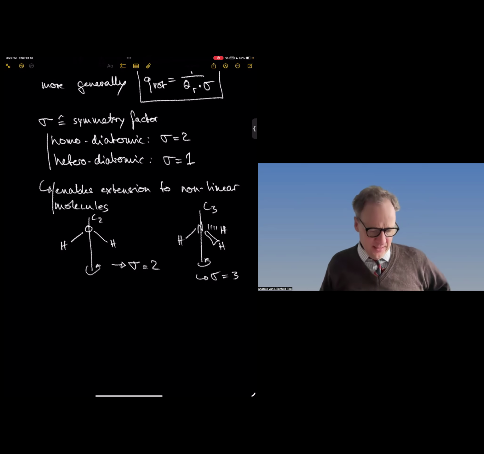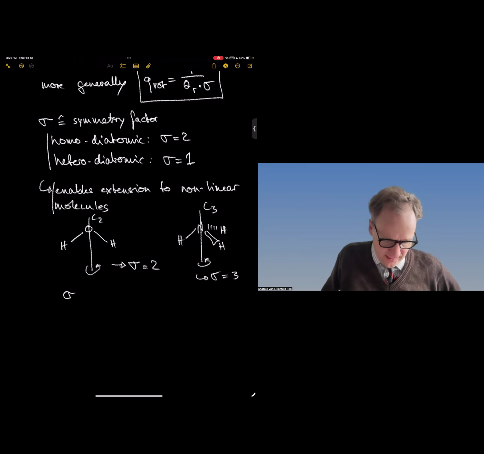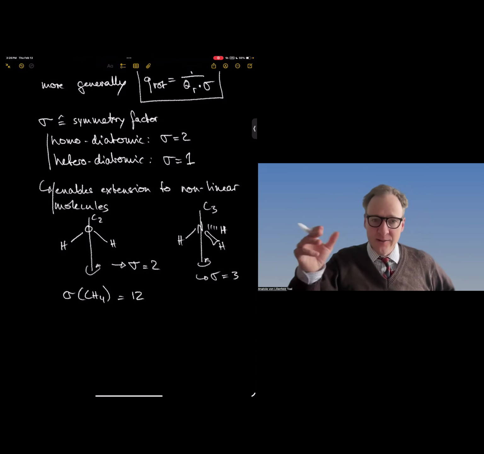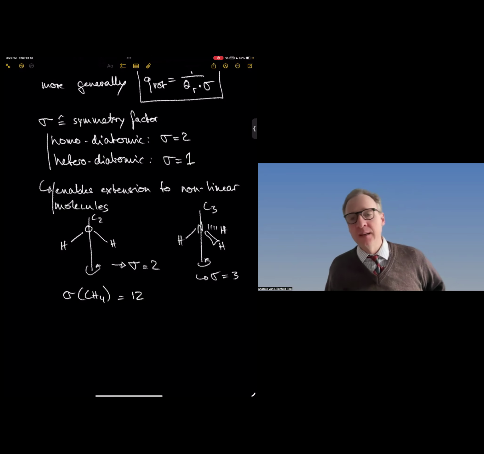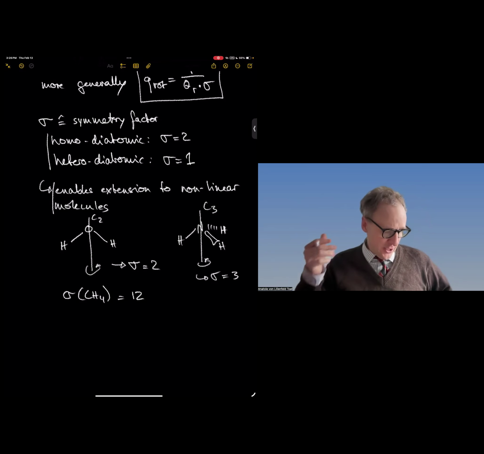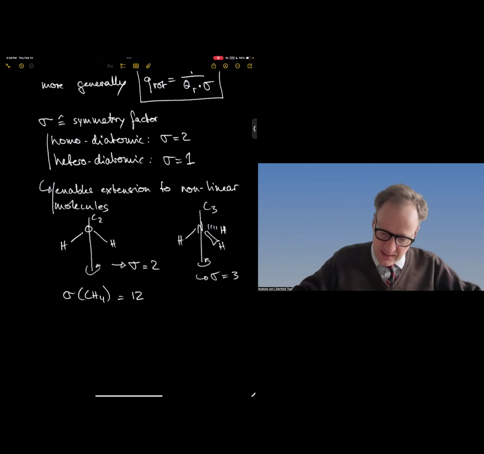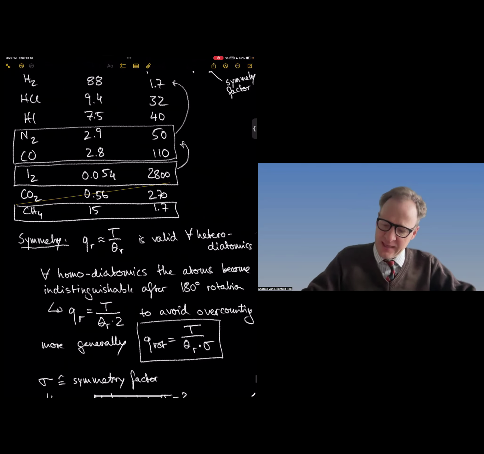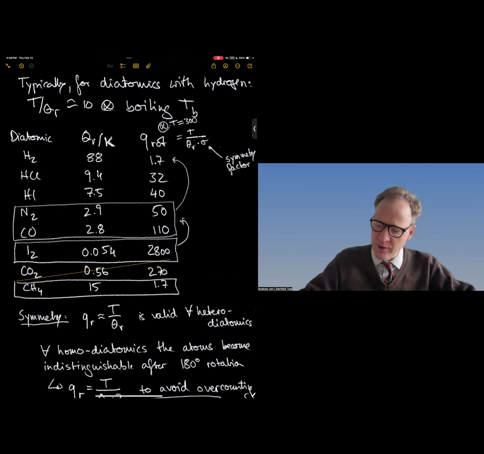But basically, what we find is that, for instance, the symmetry factor for methane will correspond to 12, right? So the more possibilities there are to get through a simple rotational symmetry element to the same configuration, the larger your sigma.